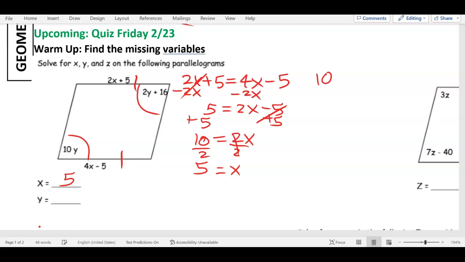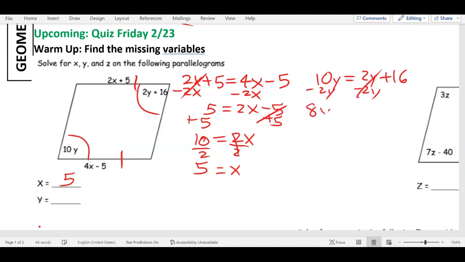So 10y has to equal 2y plus 16. Could you solve that one like the last one? So there's a y on both sides. So once again, get rid of the smaller y, which is 2y. So minus 2y, minus 2y.